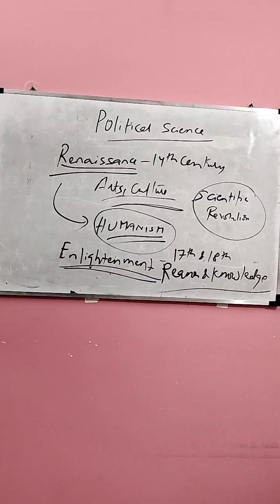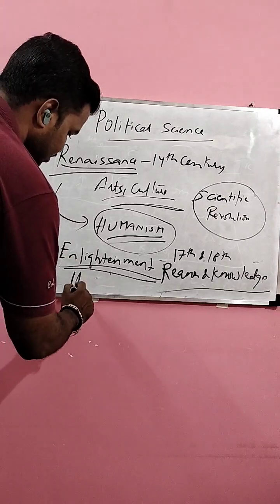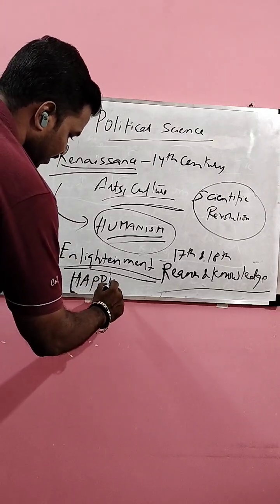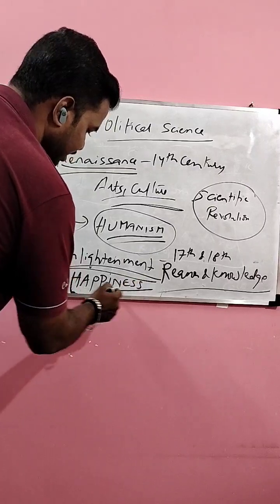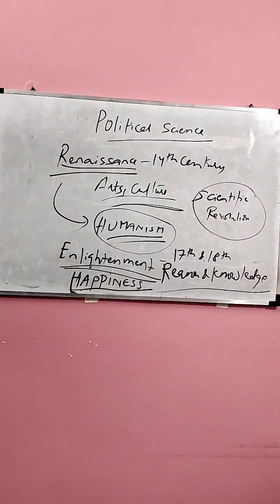Through reason and knowledge, man should develop himself, he should empower himself, and he can also attain happiness. See, happiness value was also seen as an important virtue. So it is okay to be happy, it is okay to go for luxury or pleasure, provided you do it through reason and knowledge.